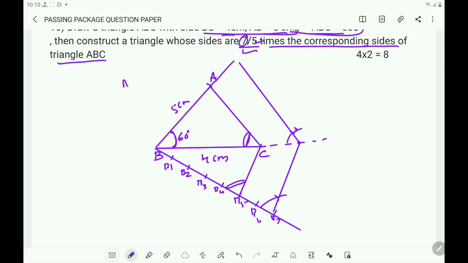And extend it. This way you will get a similar triangle. Here I have given the rough idea, but go through the video lessons of the actual construction and follow the steps. Do the perfect construction, then you will get full marks.